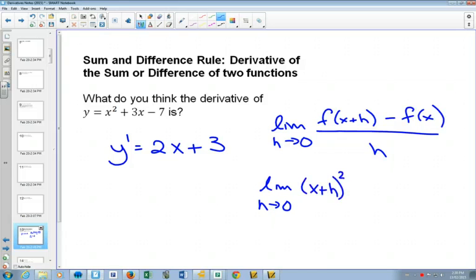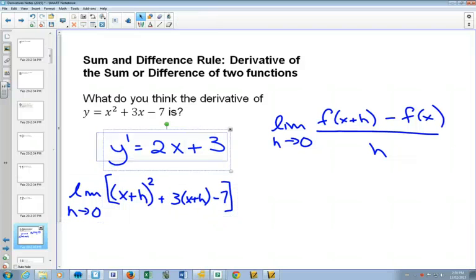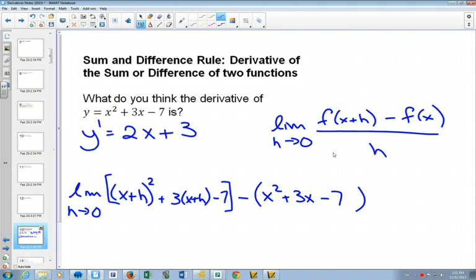So it'd be x plus h squared plus 3 times x plus h minus 7, minus f of x, which is x squared plus 3x minus 7. Notice I'm subtracting the whole function, so I put it in brackets because I'm going to have to subtract each thing, all over h.